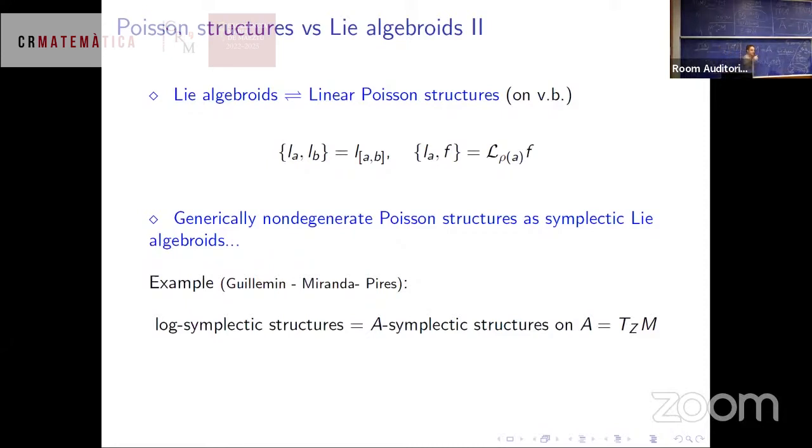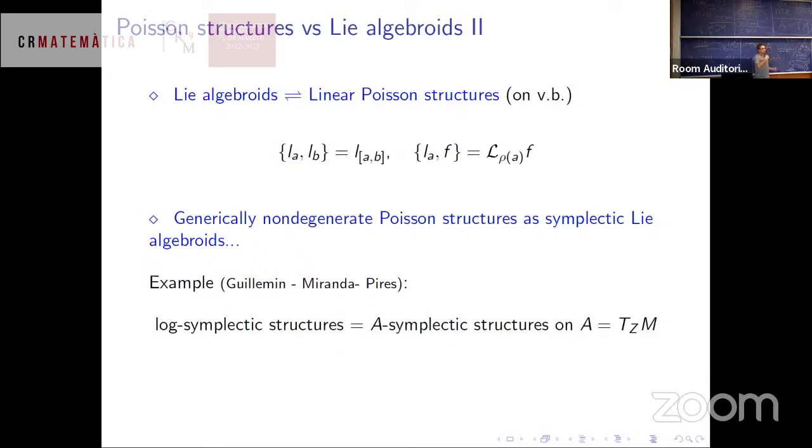So if you replace the tangent bundle of your manifold by a new tangent bundle that sees this singular locus of your Poisson manifold somehow, then you can see your degenerate Poisson structure as a symplectic one, but on this new space.